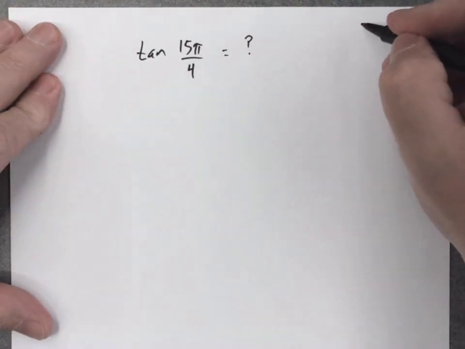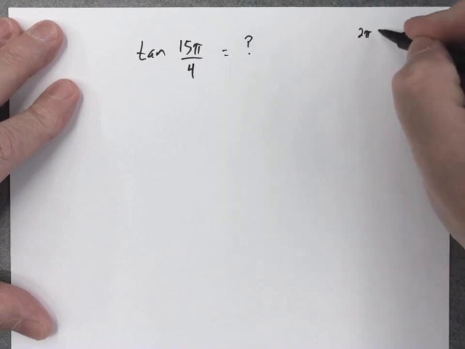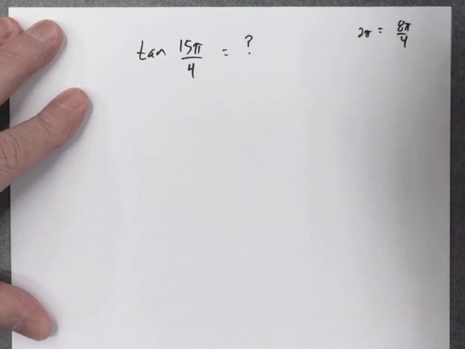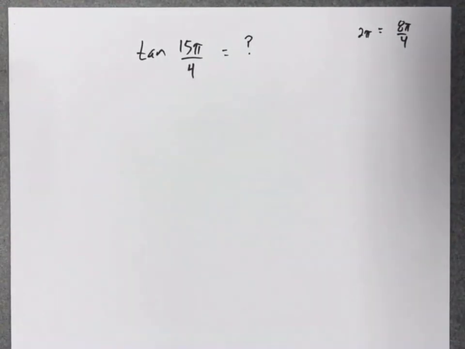So once again, since 2 pi equals 8 pi over 4, you realize that this is not in the unit circle.